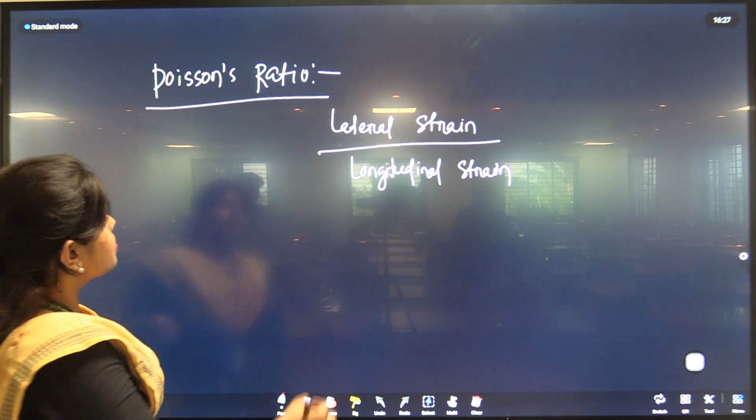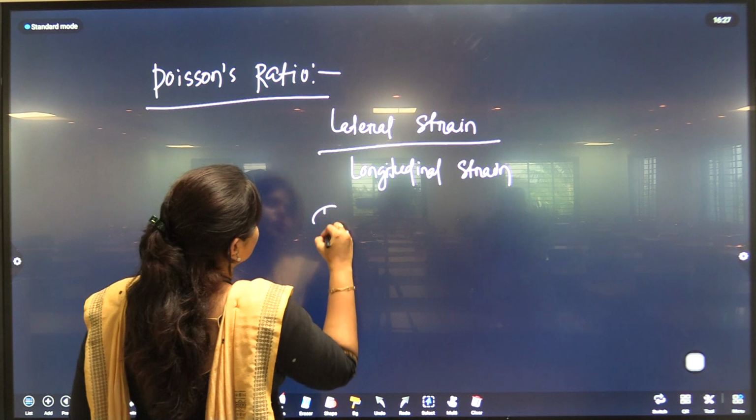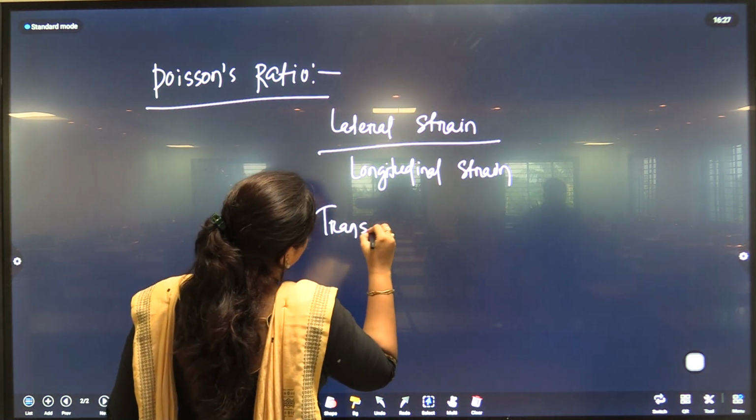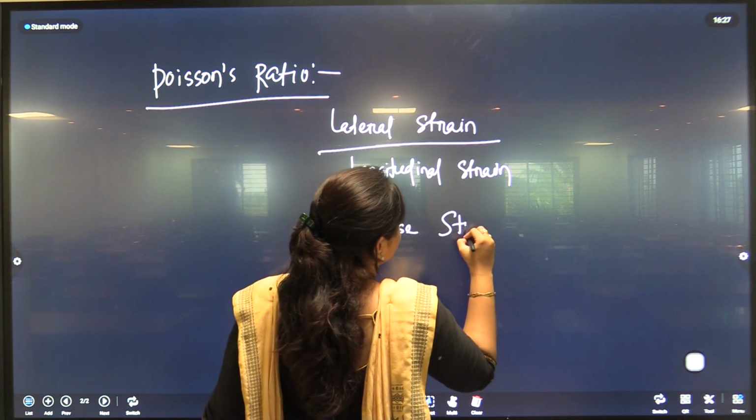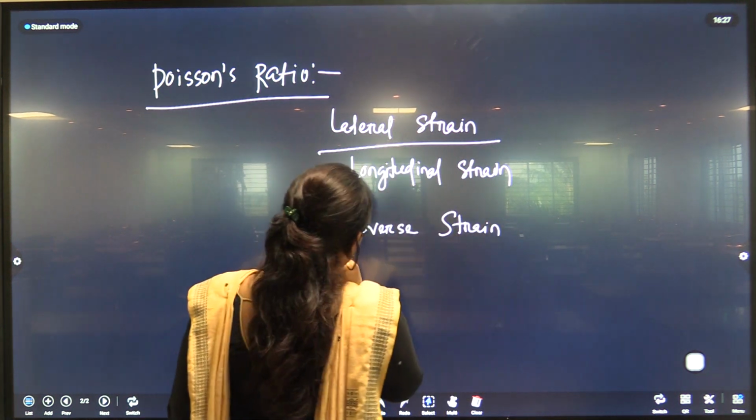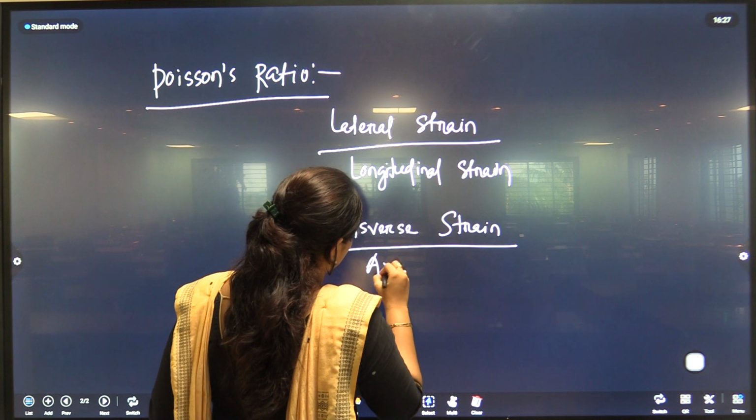Also we can write it as transverse strain to axial strain.